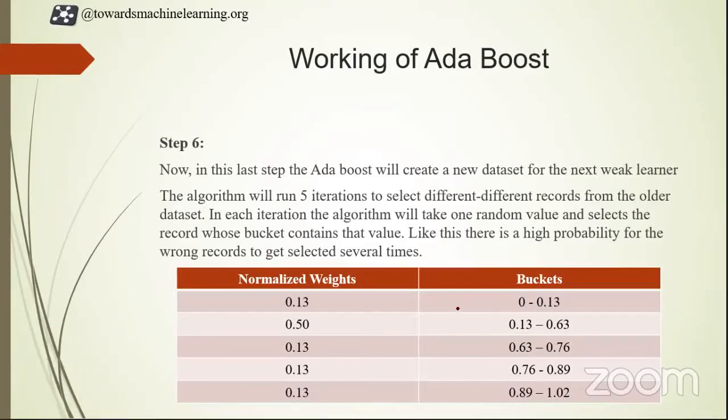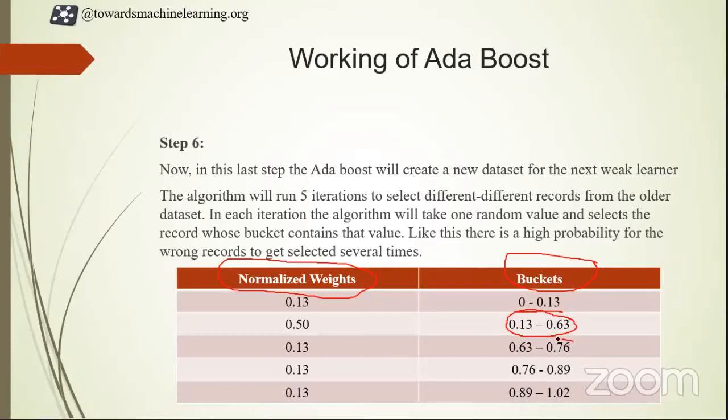As you can see, these are our normalized weights and these are our buckets. So now Adaboost will create the buckets. 0 to 0.13. Now from 0.13 you add 0.50, you will get 0.63. So 0.13 to 0.63 is in the bucket of the second record.